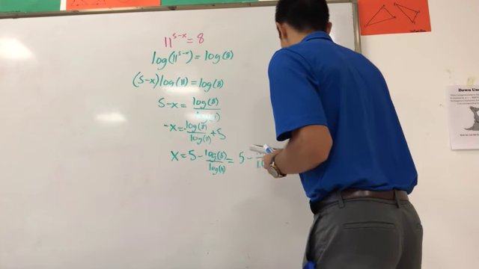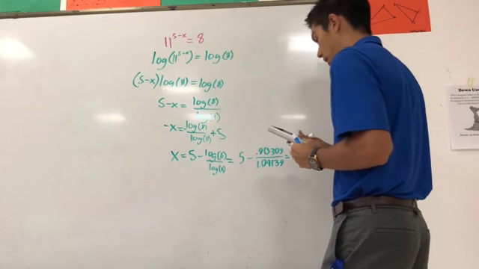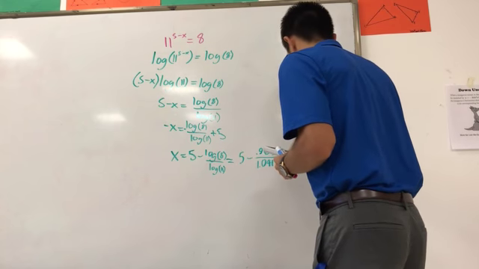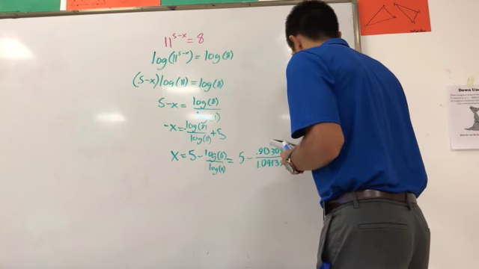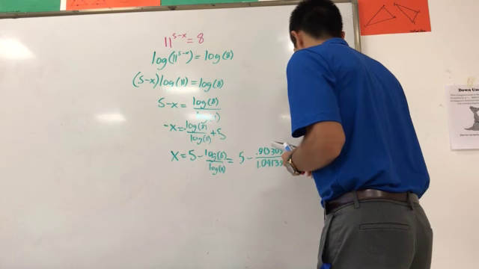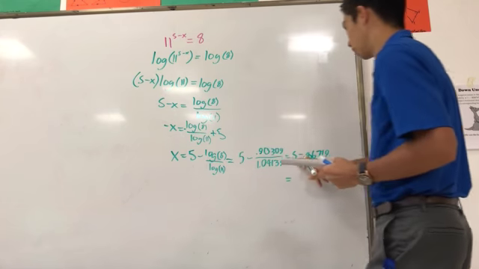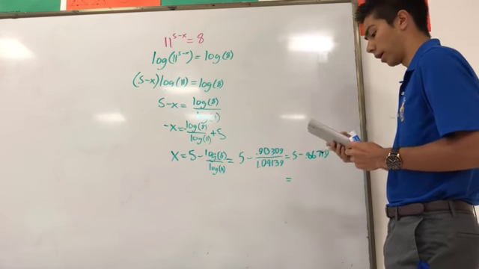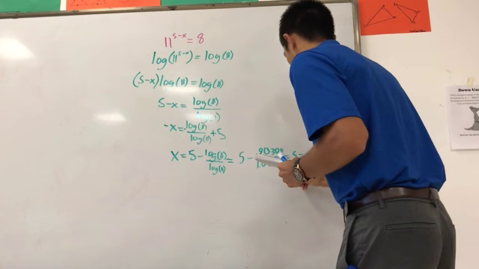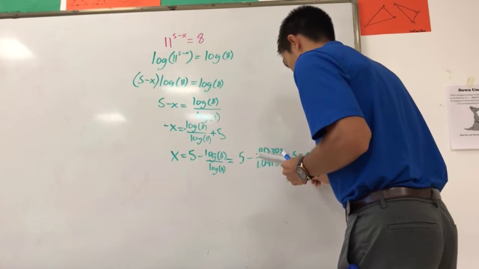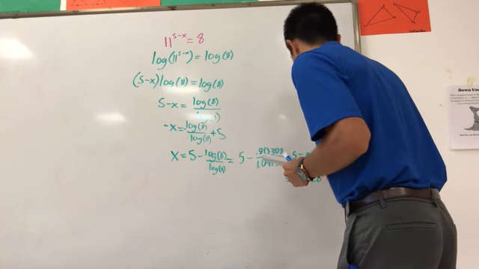If I divide those things, I get 5 minus 0.86719. And finally, if I do 5 minus whatever this is, I'm going to get 4.13281, okay?